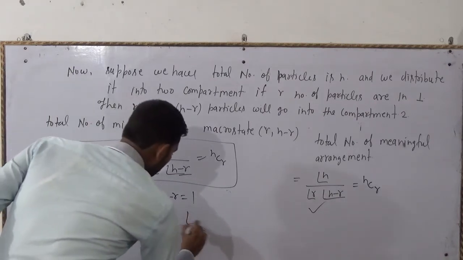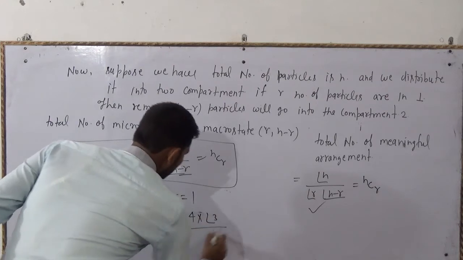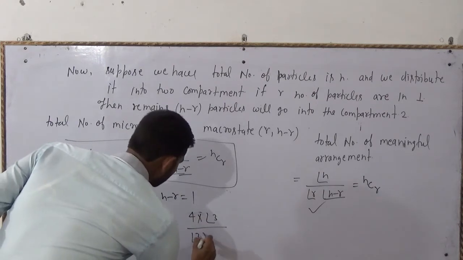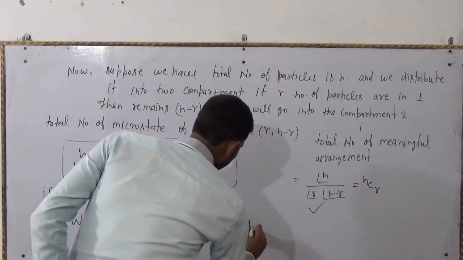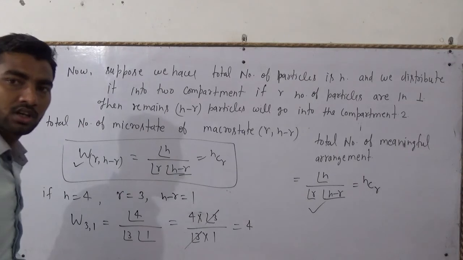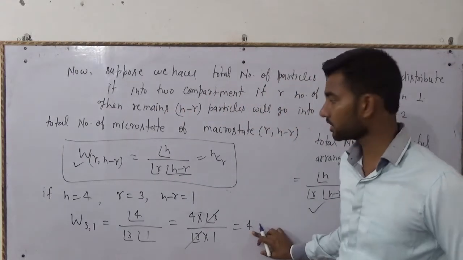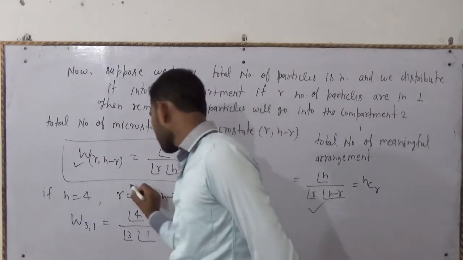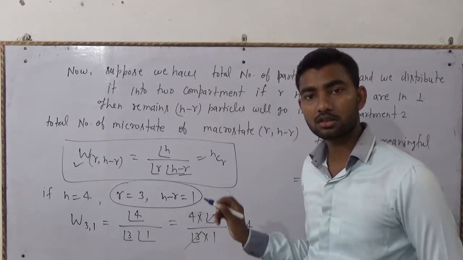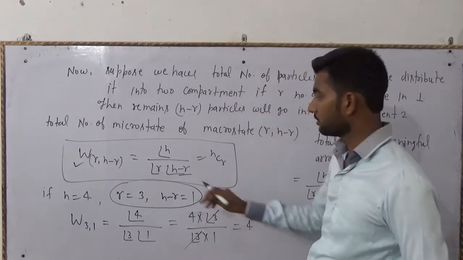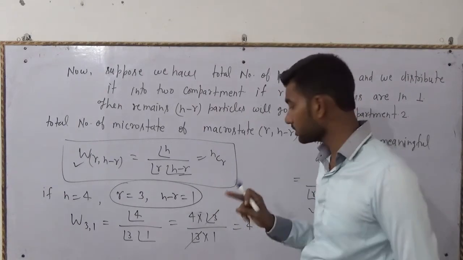So here we can solve it. 4 multiplied by factorial 3 upon factorial 3 into 1. Factorial 3 will cancel out and we will find 4. It will be the total number of microstates corresponding to this microstate 3-1. So for 3-1, the total number of microstates will be 4.